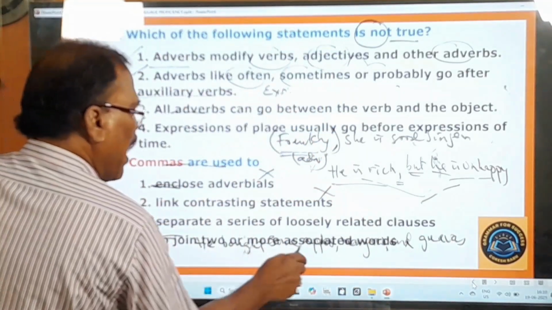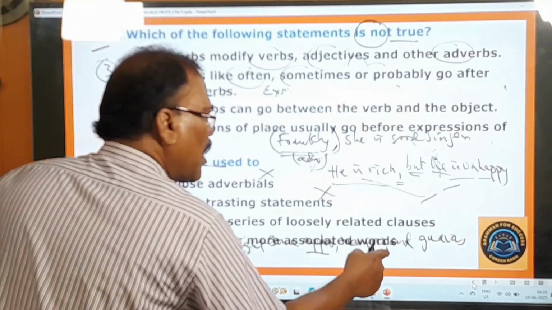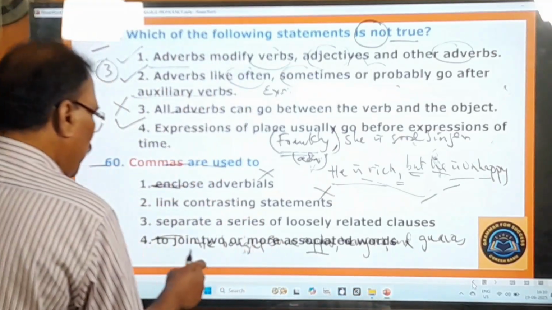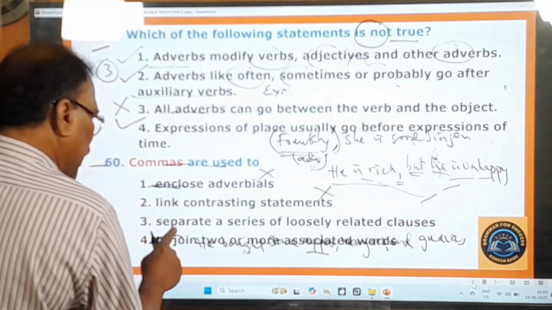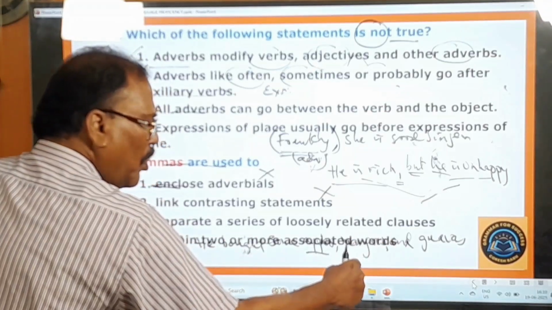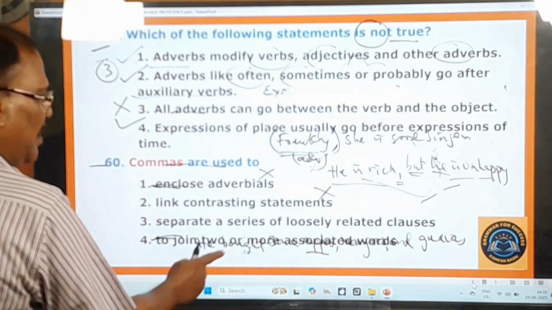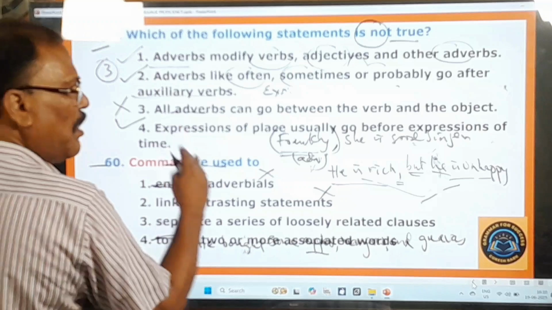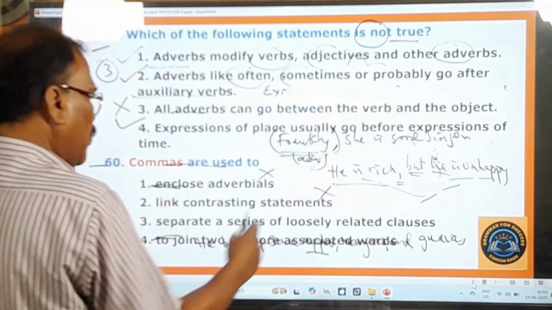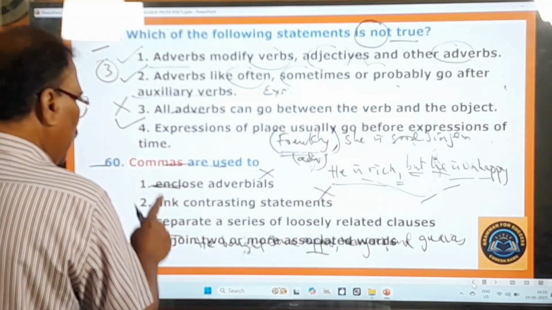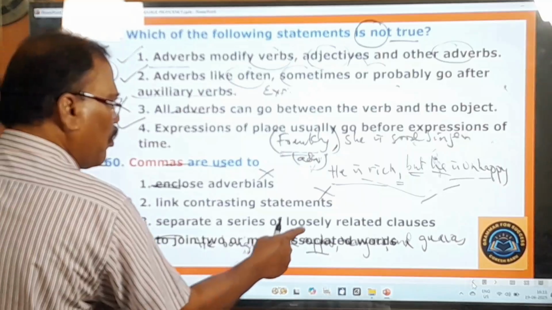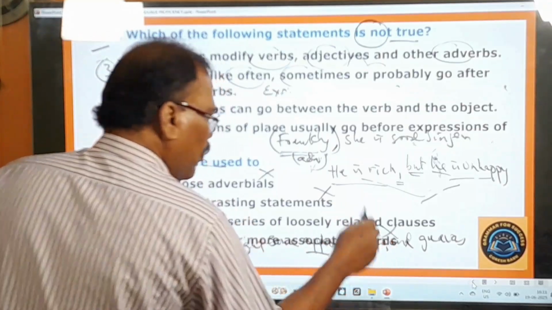He bought some apples, comma, mangoes, comma, and guavas. So what is this comma doing here? Is it joining all of them? No, it is just separating. He bought some apples separated, mangoes separated, and guavas. So these commas don't join two or more associated words. This is also therefore wrong.